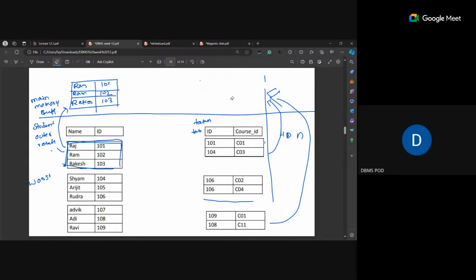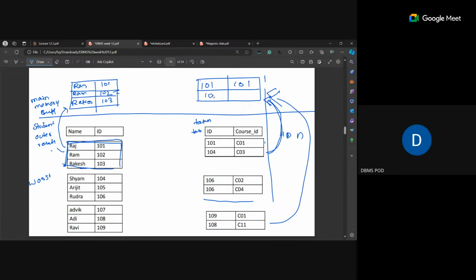Now, what will happen? 102 with this, again this block will be moved, right? 102 with 101, 104, C01, C03. After completion of this block, the next block will be moved.